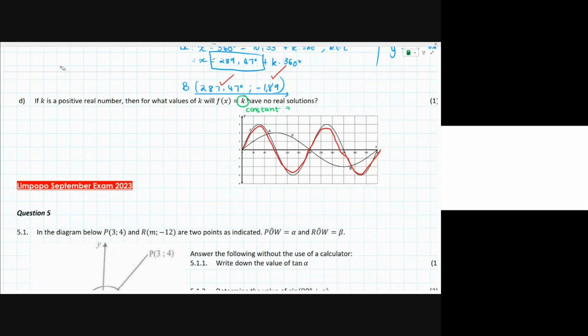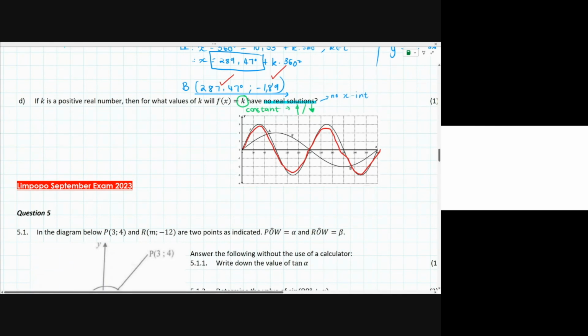So this k is a shift up or a shift down and we now need to go and shift it appropriately to get whatever we want. And so in this case, we've been told that we want no real solutions. So what does that mean? Well, no real solutions means no x-intercepts.